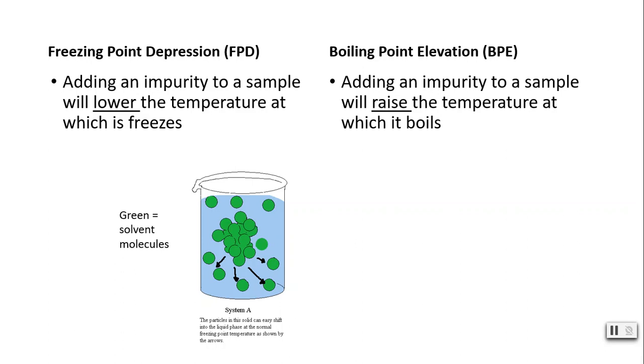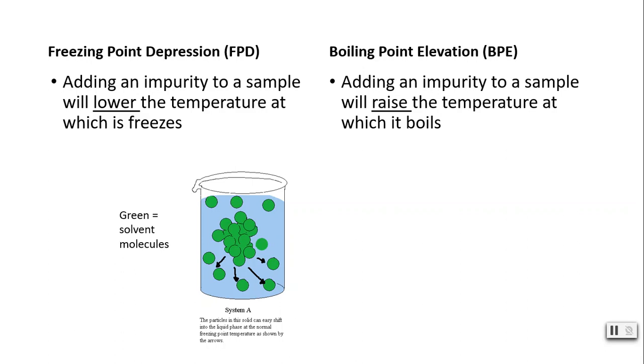These concepts of freezing point depression and boiling point elevation speak to what happens to the freezing point or boiling point of a solvent, of a liquid, when you add a solute or some sort of impurity to that liquid.